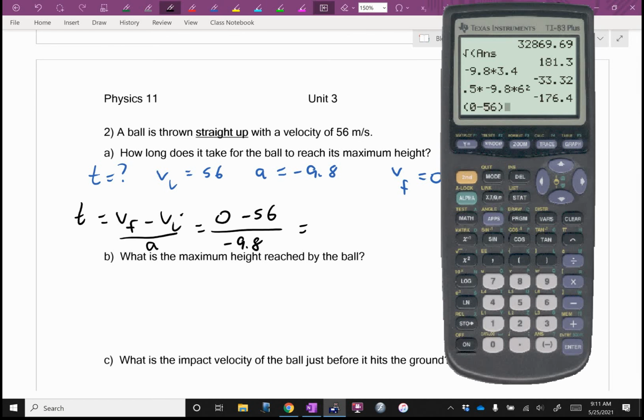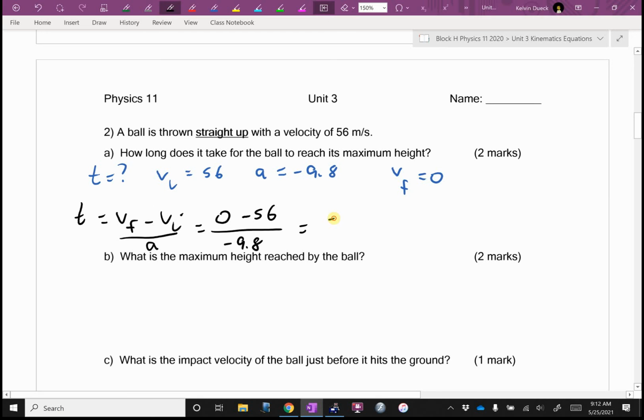Is there more than one thing on the top? Yes, brackets around the top, or use your fancy schmancy fraction button. Divided by, I don't need brackets around the bottom. You can put them there, but I don't need them. Do y'all get 5.714 to that? 5.71 seconds? Okay. 1 mark, half mark, half mark.